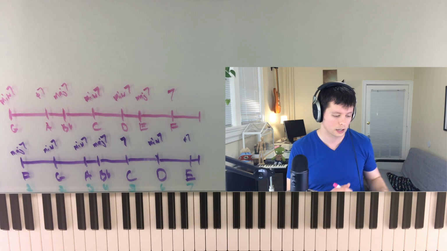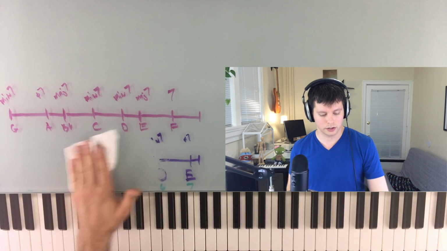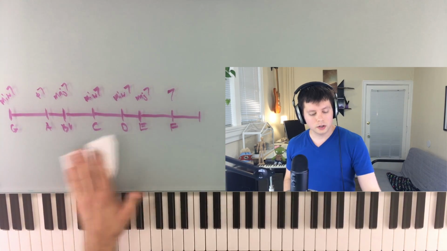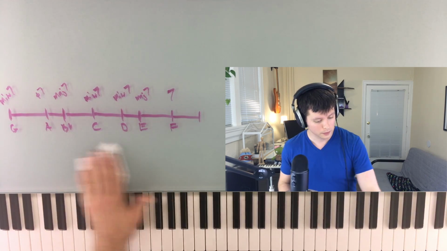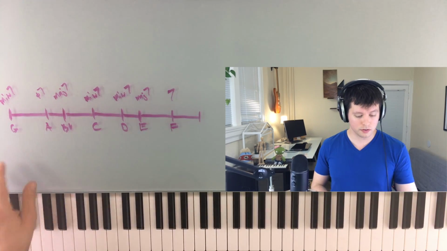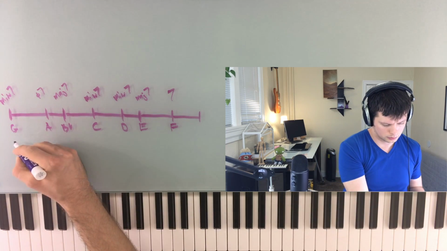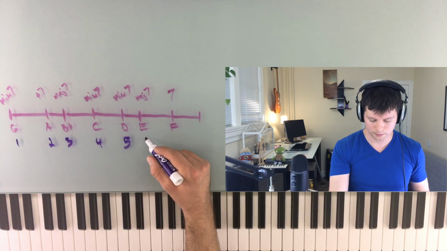There's a couple reasons for that. I'll go ahead and get rid of this so it's not quite as cluttered. All right, so you might notice a couple things right off the bat. For one, the chord number 5 here, I'll label these 4, 5, that D chord.